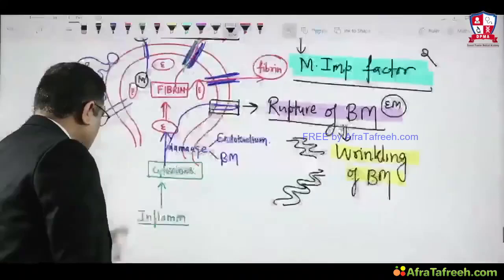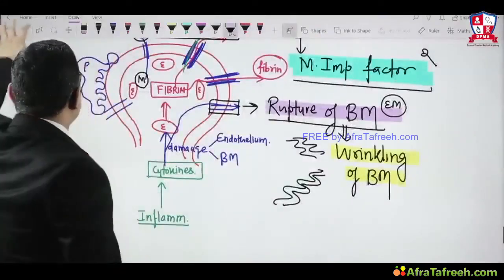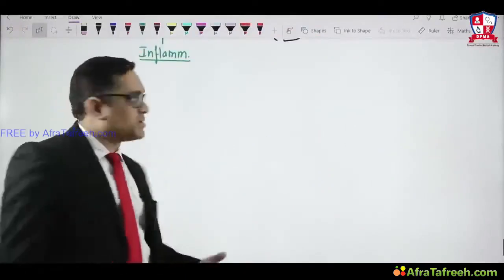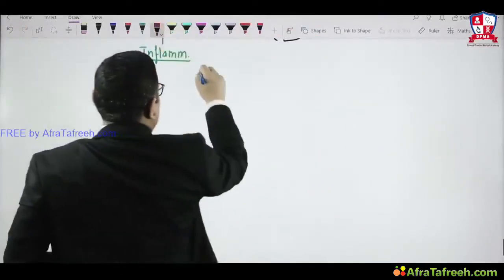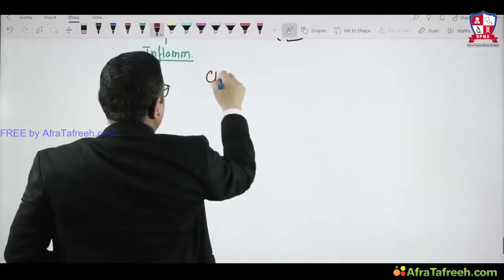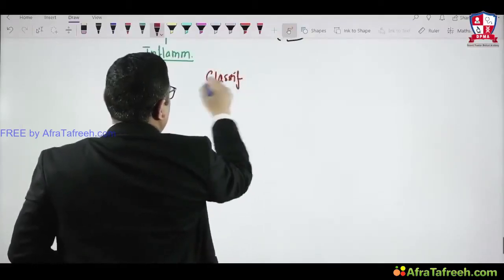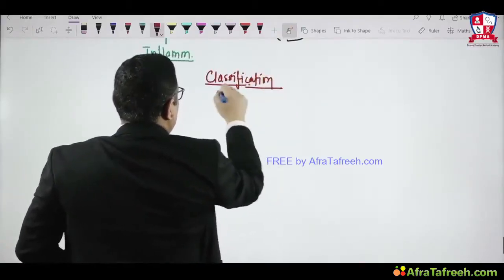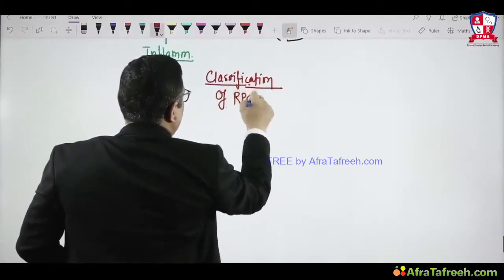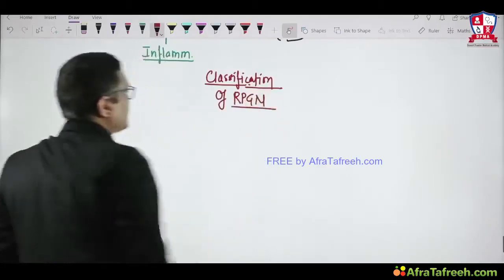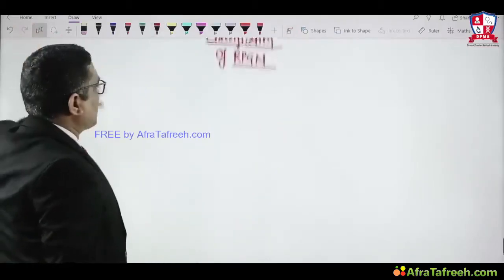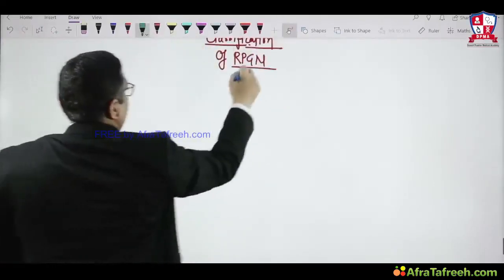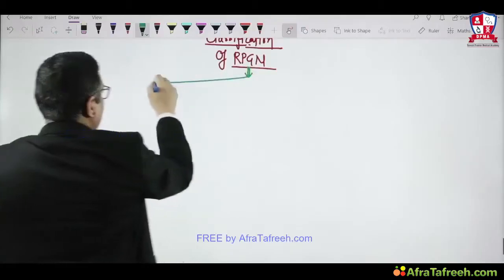So we have seen the pathology and the microscopic view. Now we will see the classification of the RPGN and some more important features, right? So what is pathological classification of the RPGN? When we talk about classification of rapidly progressive glomerulonephritis, in this we can divide RPGN into three.